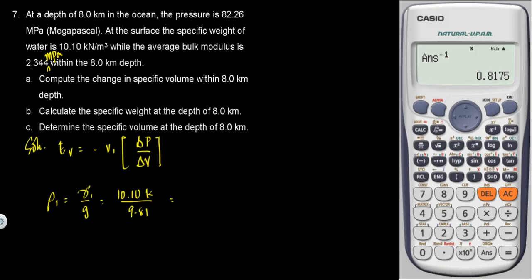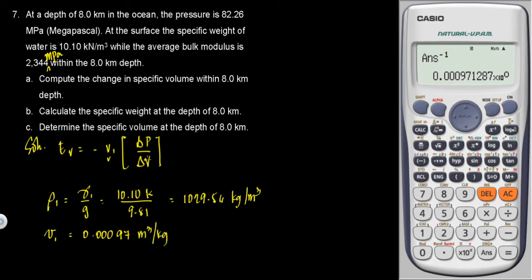So 10.10 divided by 9.81 equals 1,029.56 kilogram per meter cube. To get V sub 1, we take the inverse: 0.00097 meter cube per kg. So now we have V sub 1, and we can solve for the change in V. How?